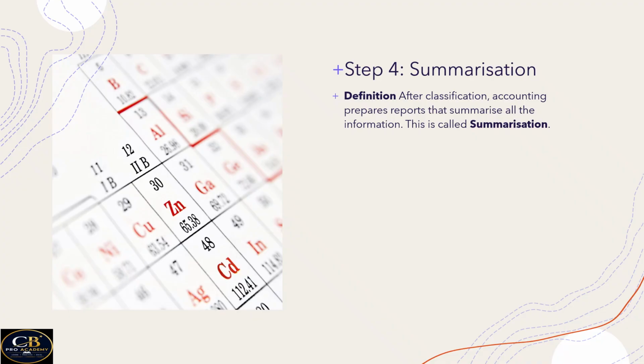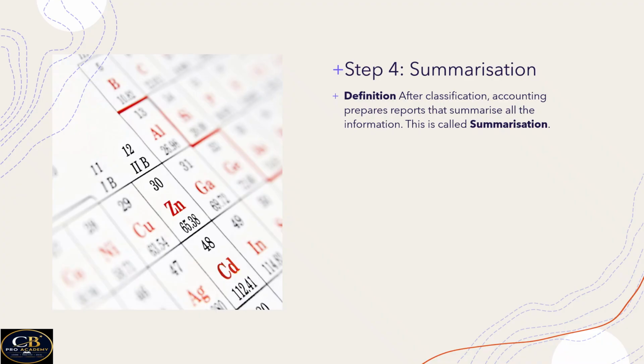How will it help? Let's take one example. CB Smart Mart has 3,500 sales entries. So there are two ways for the owner. One, to go through each entry one by one. Is it possible for him to look at the profit and loss only by going through the entries?